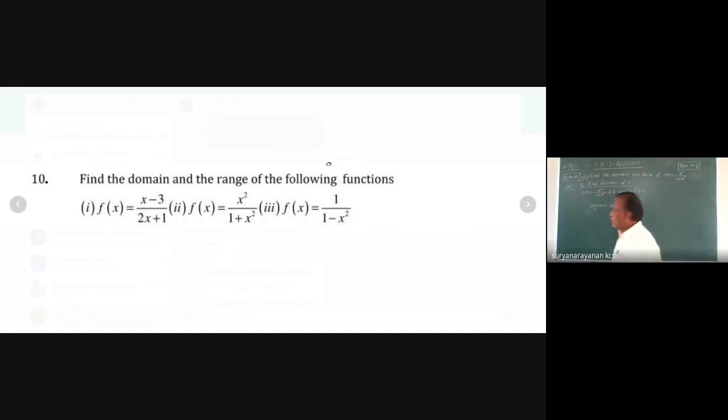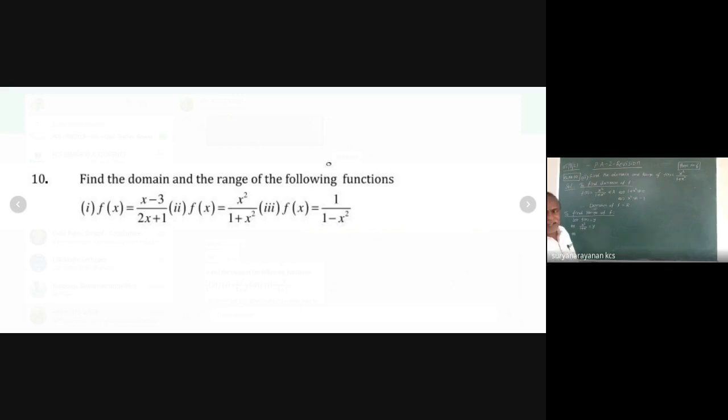Next, to find range. What I said, what is the first step? We have to assume that f of x is equal to y. This is the first step. After that, f of x value, x square by 1 plus x square is equal to y.